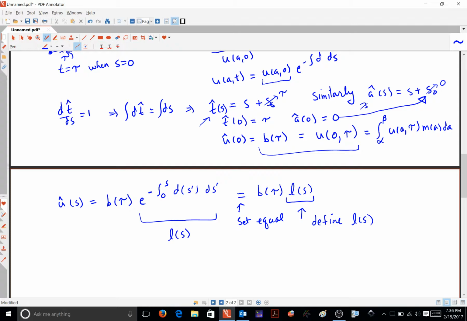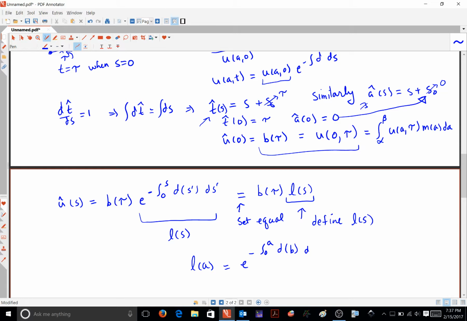Now, if we're looking at this function, then if you just want to change your variables, if these have s's and you want to change it to a, it doesn't matter. That's exactly what they say next. And that makes L of a equal e to the minus integral from 0 to a, and you change the variable. It doesn't matter what you call the variable. They're going to call it b.